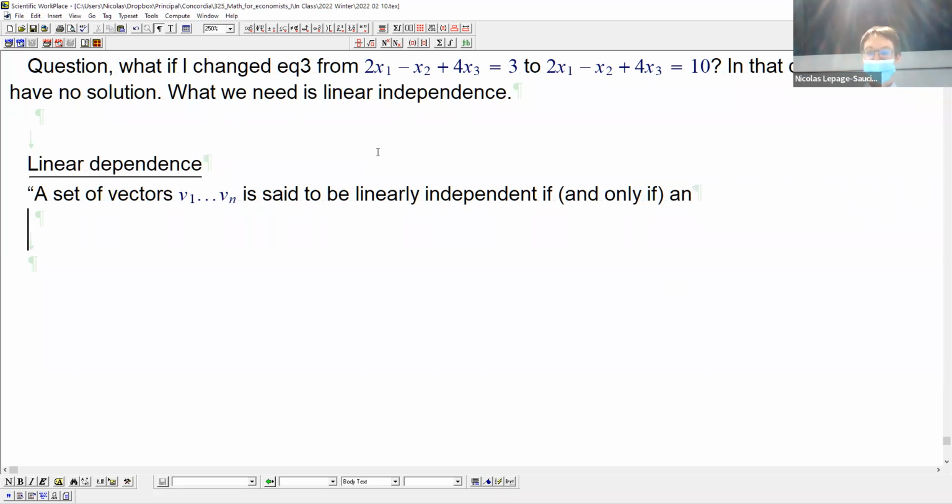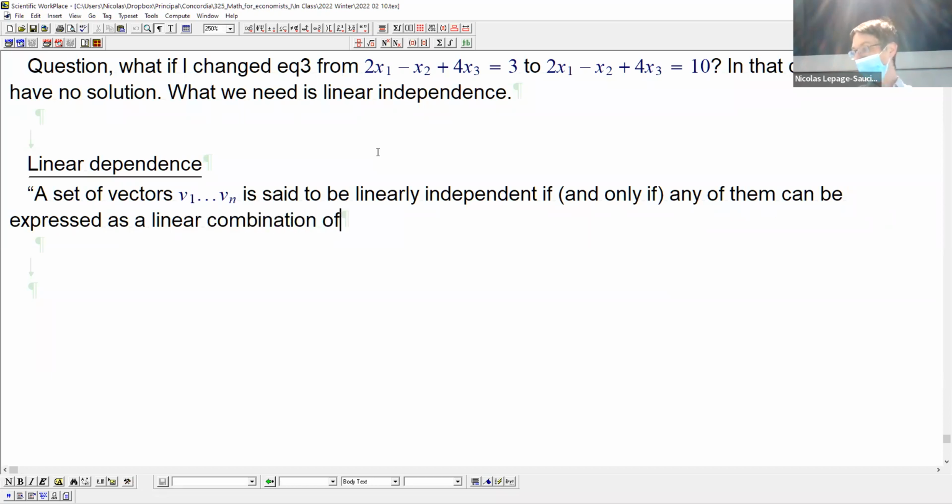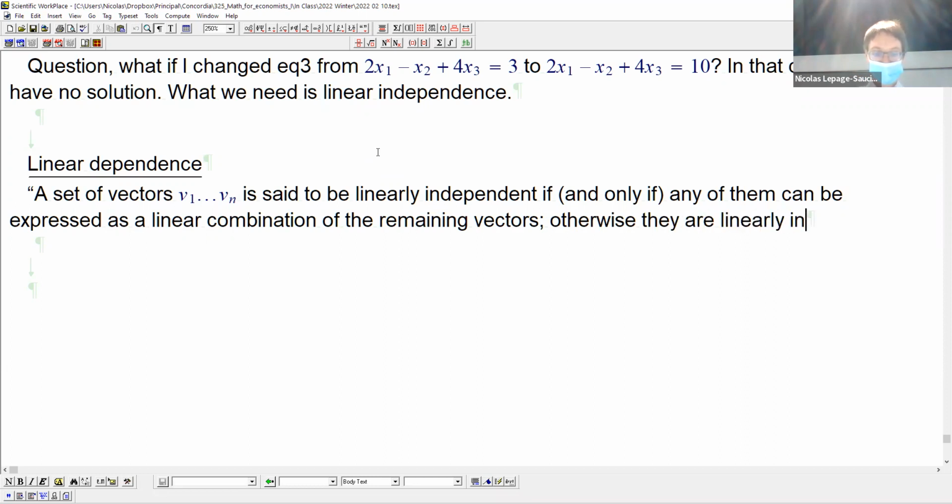So any of them can be expressed as a linear combination of the remaining vectors. Otherwise, they are independent.